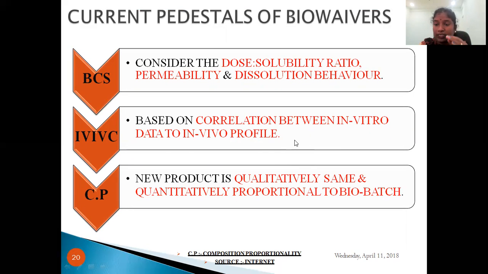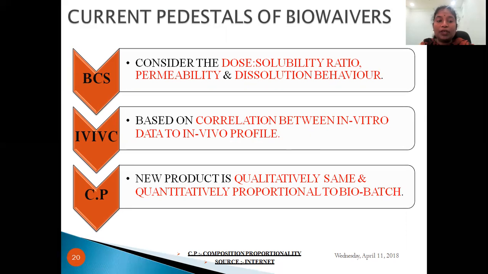We are just comparing with in vitro data, so we are not considering in vivo studies; that means clinical studies are not conducted.